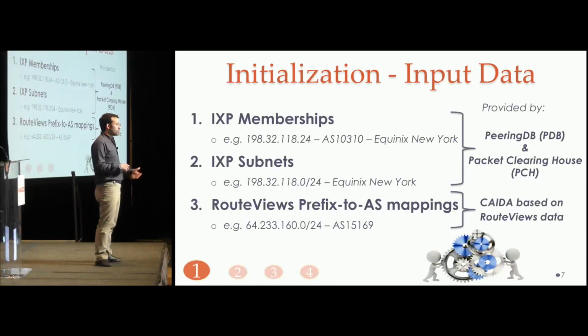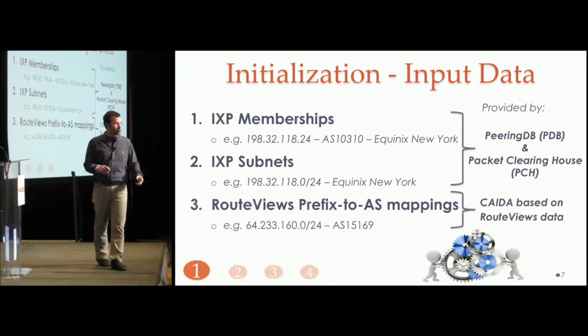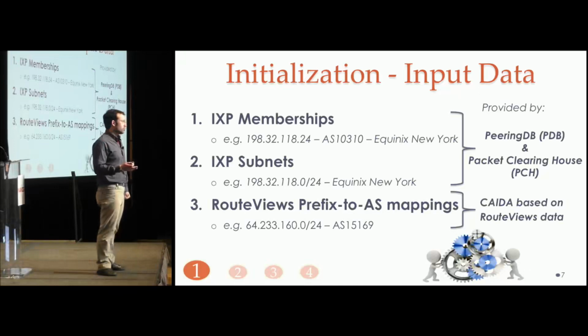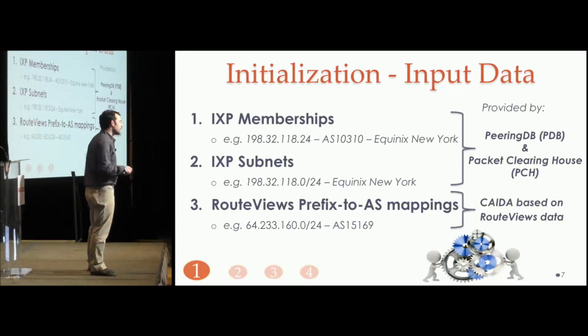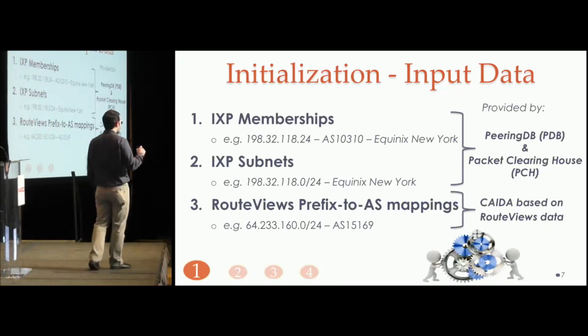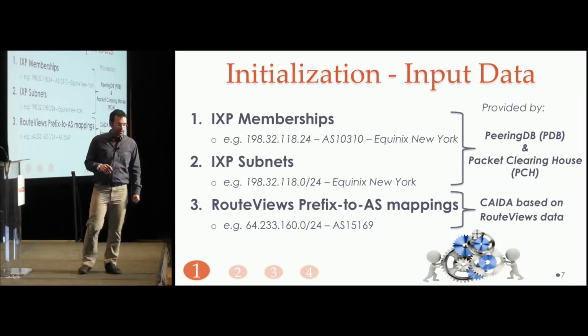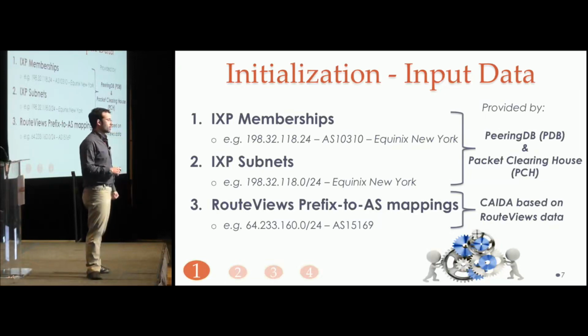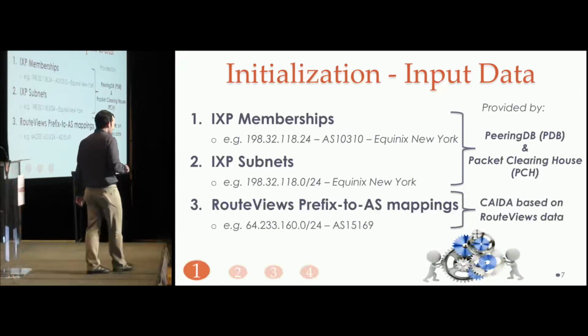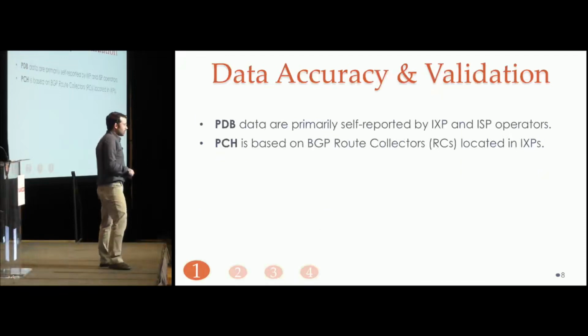At this point, it's worth mentioning that the first dataset was the most important for us for 2 reasons. Firstly, because it offers fine granular information that associates IXP IPs to IXP members, and secondly, because it was never used by previous works for this purpose.